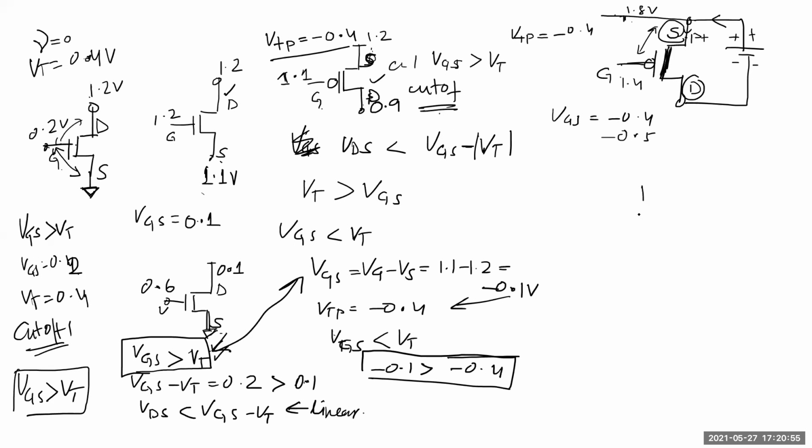Okay, let me change this now. So this is 1.8 volts and VTP is equal to minus 0.4. And this is, let's say, 0.6 and this is ground. What is the region of operation? Just give me a second, guys.